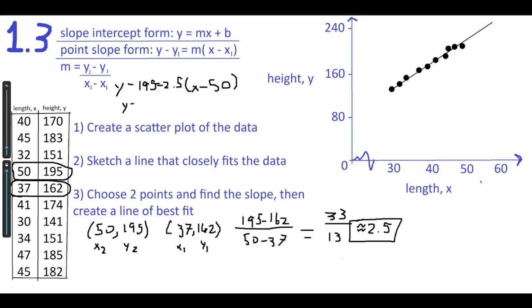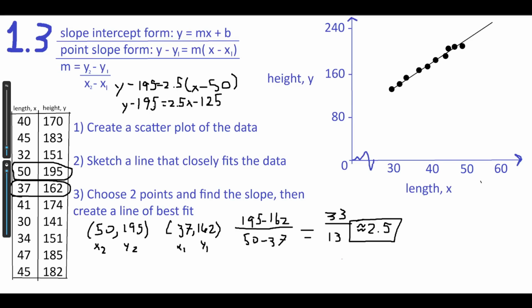So then we get y minus 195 equals 2.5x, and 50 times 2.5 equals 125, minus 125.